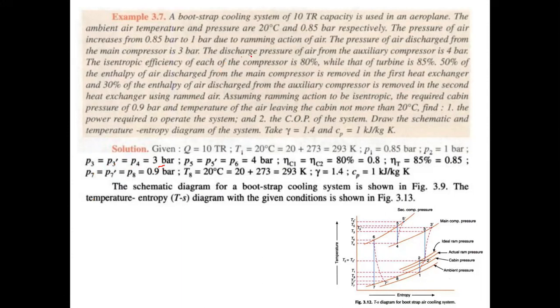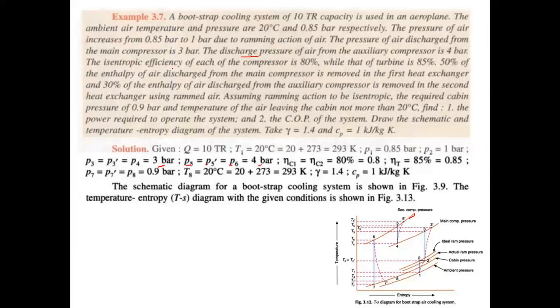And the discharge pressure of air from the auxiliary compressor is 4 bar. Auxiliary compressor means the secondary compressor. So the values are P5, P5 dash, and P6 equal to 4 bar.